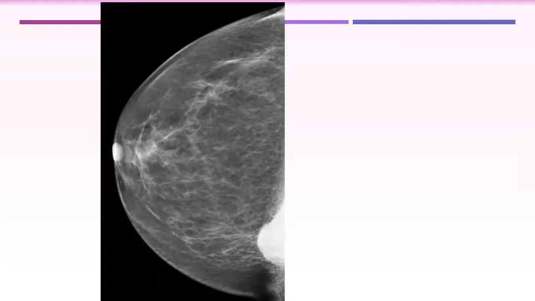Differential includes a variant of sternalis muscle and mass. So you have to see the mediolateral oblique view, because sternalis muscle does not appear in the mediolateral oblique view.